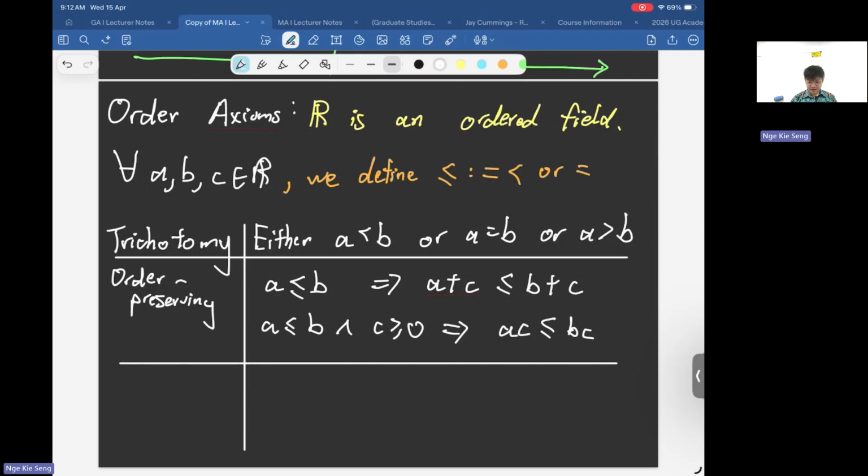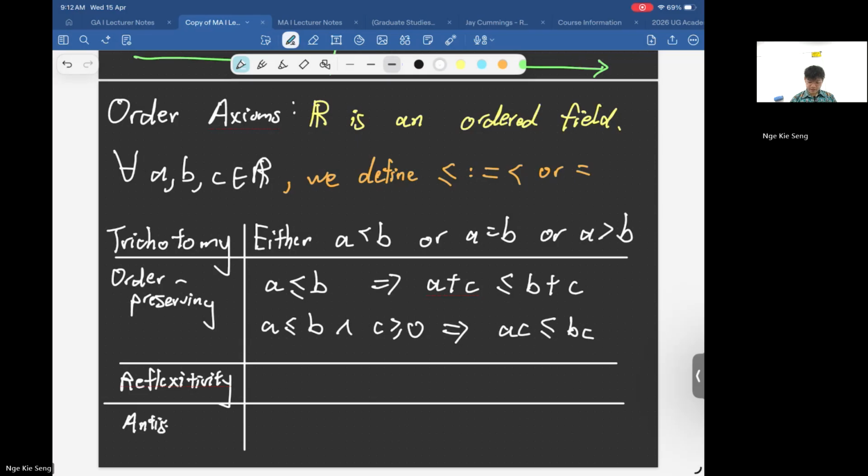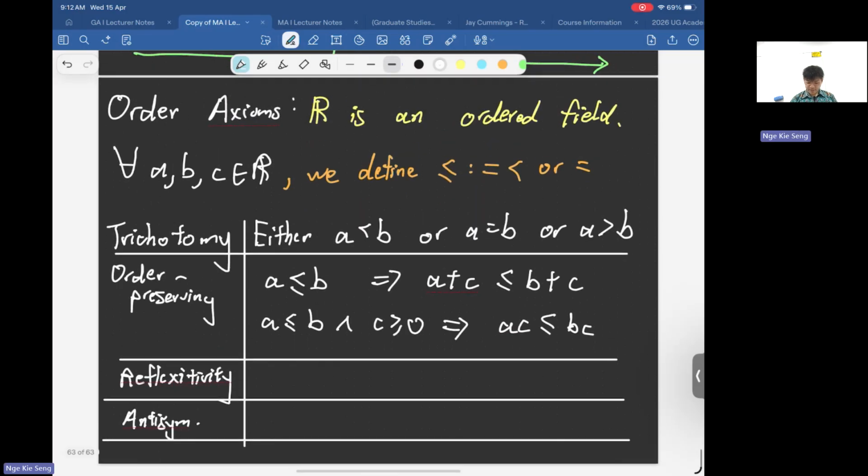And then the rest are just relations: reflexivity, anti-symmetry, and transitivity. Maybe someone can tell me what reflexivity I should put here.